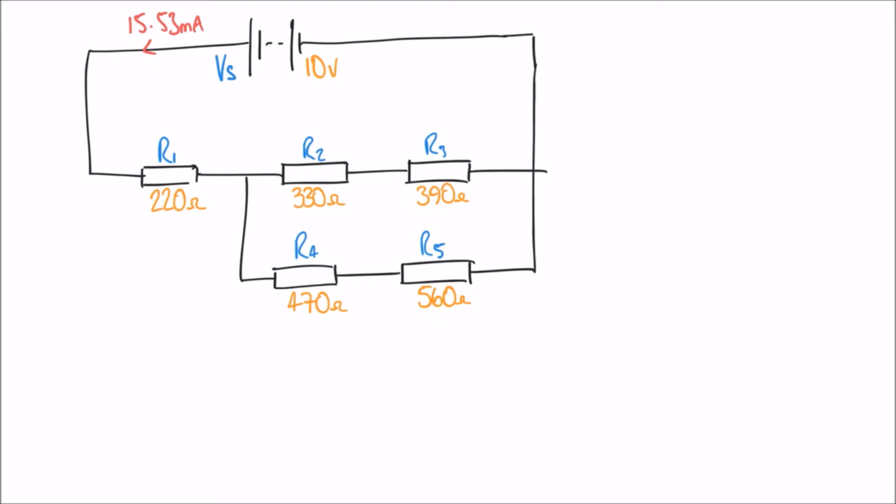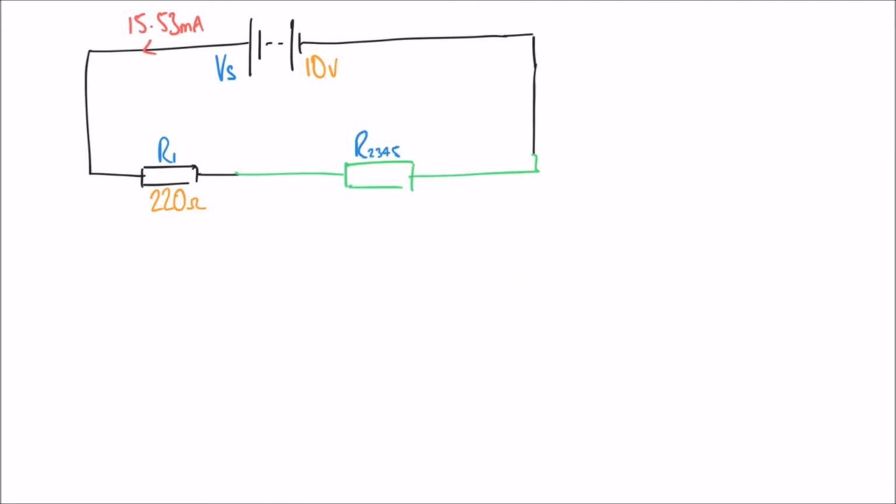Let's go back to what we had just a second ago, because we said, if you remember, that this whole resistance here could be simplified down to just one resistance, which we called R2345, and we said that was 423.77 ohms. So what we can do now is use Kirchhoff's voltage law, which says that the sum of the voltages dropped in the circuit is equal to the supply voltage.